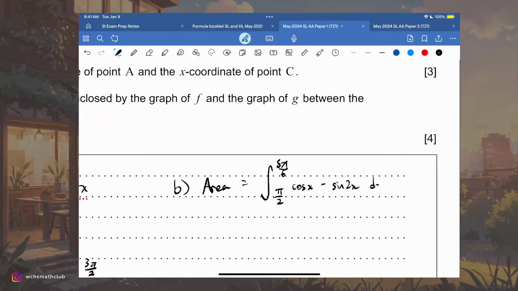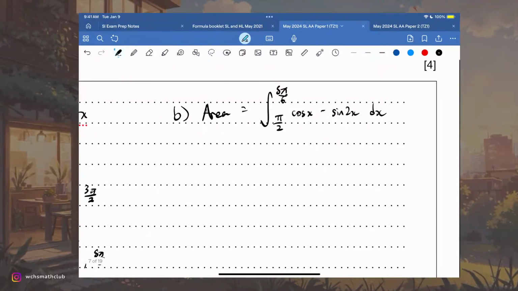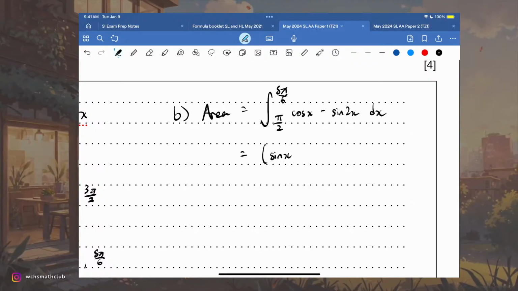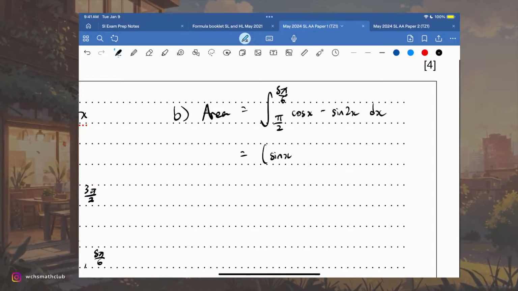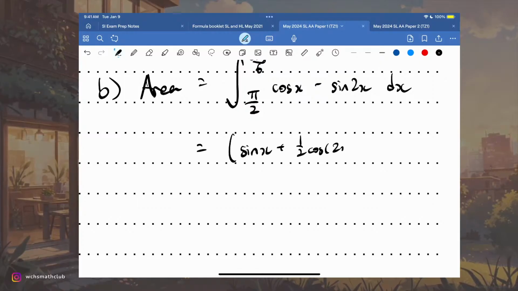And then with respect to x, now it's just a matter of integrating this function. So the integral of cosine x, as you know, is sine x. And the integral of sine 2x would be plus 1 over 2 cosine of 2x, just like so.